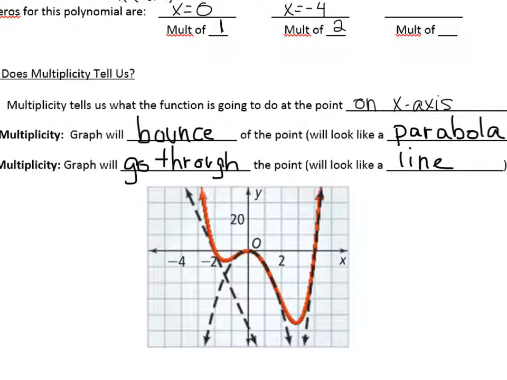Now the rest of the graph is going to be a sketch, so our sketches will look a little bit different. So if you look at the graph below, let's pinpoint some information here. Notice here how we've got a curve. That means that this had an even multiplicity, so maybe degree of 2 or degree of 4. Here it goes straight through it, so that means an odd multiplicity.